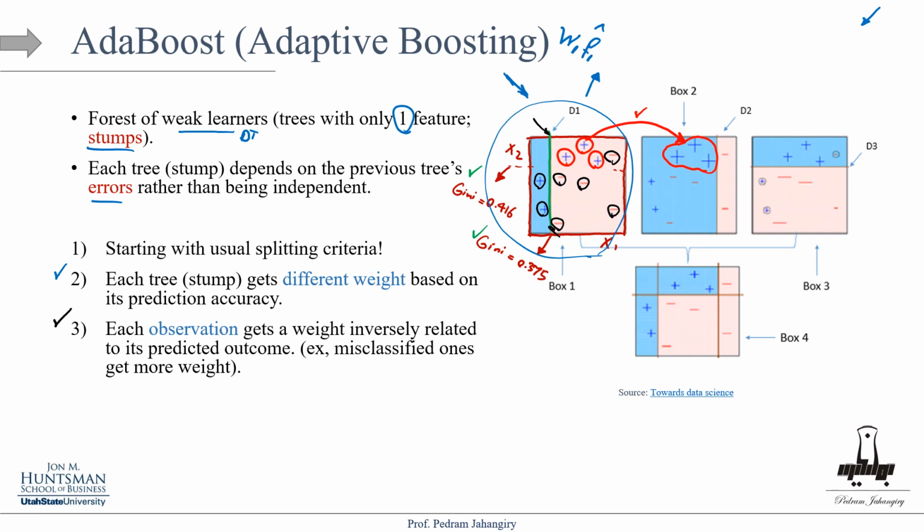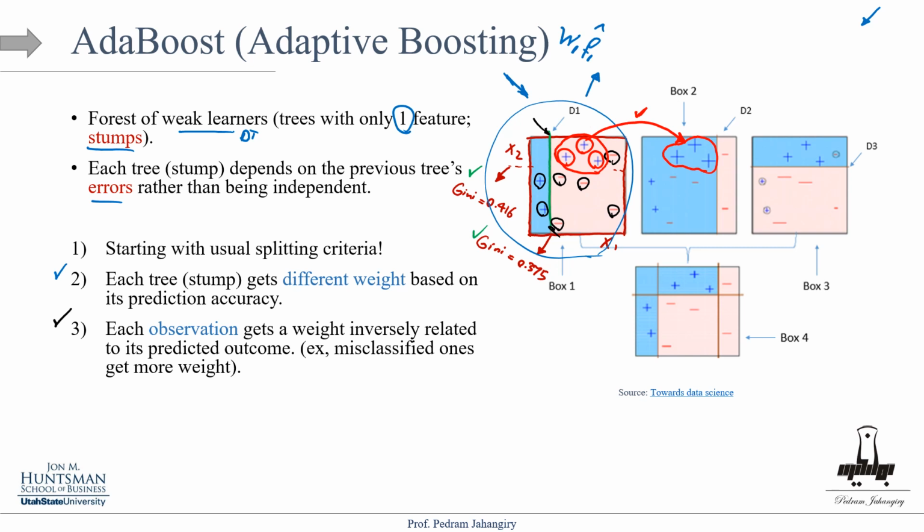So in tree number 1, this is what was going wrong, these 3 observations. So we're going to focus more attention on them. That's why we're going to give them more weight. So visually, it seems that we can make the pluses larger, but mathematically for the computer, how do we do that? We're going to simply repeat these observations more in the new tree, right?